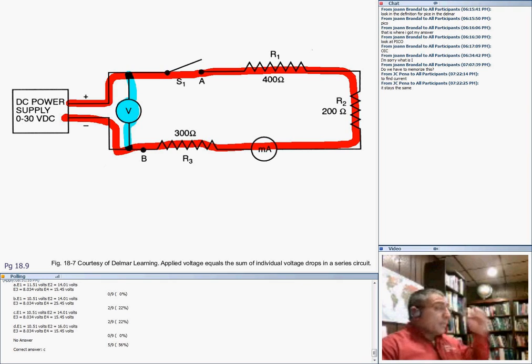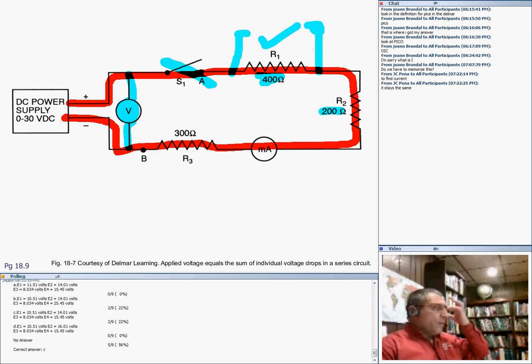In order for the circuit to go, you have to close the circuit, otherwise it doesn't move. And looking at the resistors, if I asked you which resistor will have the most voltage, you should be able to tell me, Chad, right in here, because that's the largest resistor. Which will have the smallest amount of voltage? No problem, Chad. It's going to be the 200.